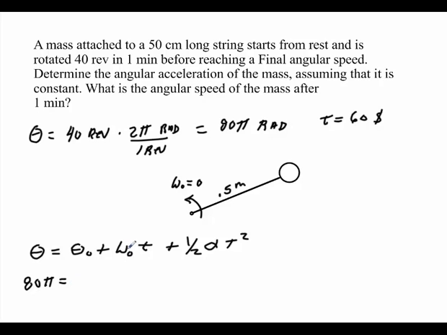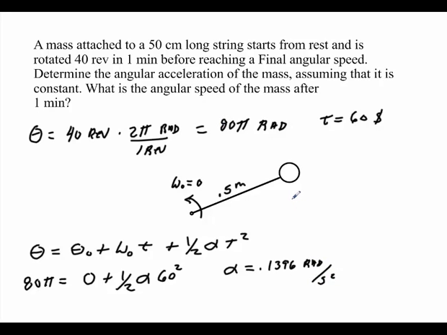We know it started at 0 here, so we can put 0 into here, plus 1/2 times our angular acceleration times 60 squared. We will solve for angular acceleration, and our angular acceleration will be 0.1396 radians per second squared.